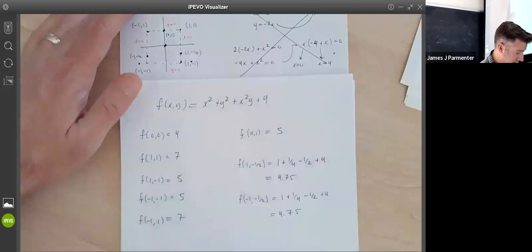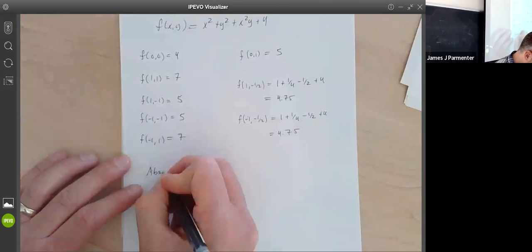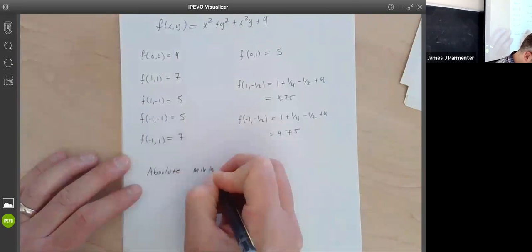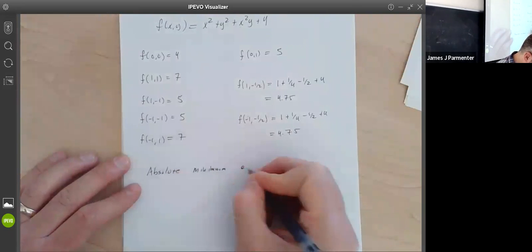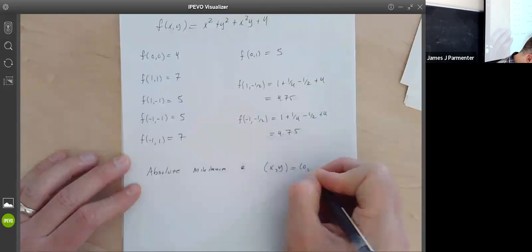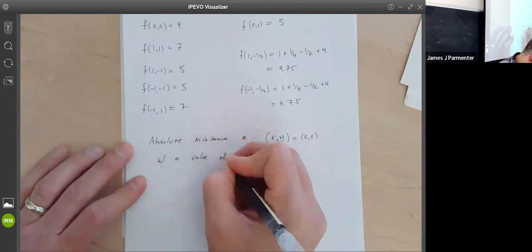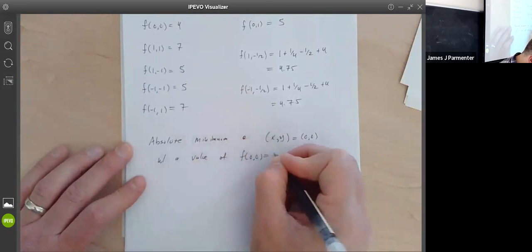So to answer the question, we have an absolute minimum at x, y equal to 0, 0 with a value of f of 0, 0 equal to 4.